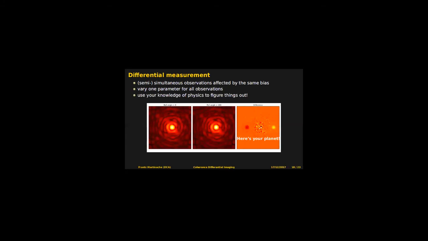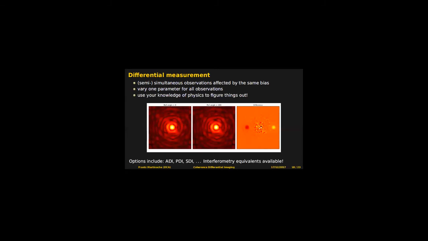So where is it from? In both places here. Yeah, it's been subtracted. It's probably here in the first image, and it's probably here in the second image. So you end up with that planet twice. And this is the big player in current direct imaging campaigns from the ground. This is what works.